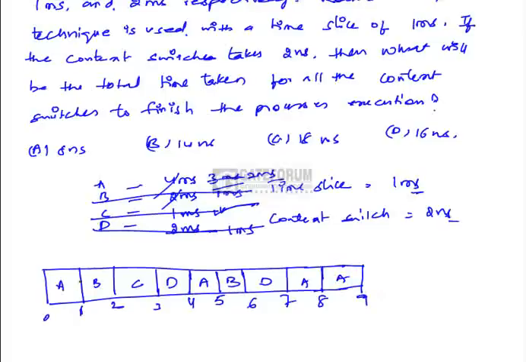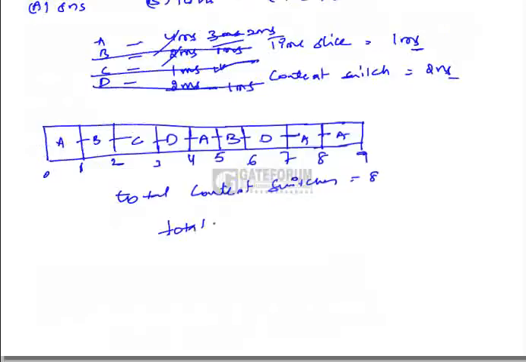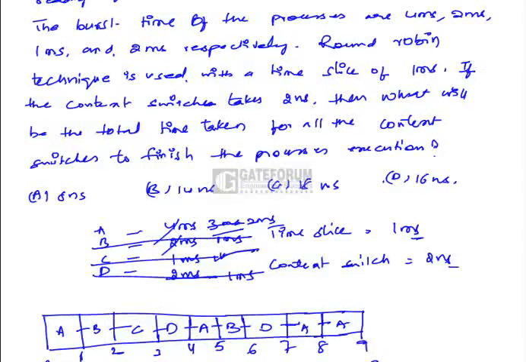Total here we have 1, 2, 3, 4, 5, 6, 7 and 8 context switches. So total context switches are 8, and time taken for one context switch is given as 2 nanoseconds. So total time for context switches is equal to 8 into 2, which is 16 nanoseconds. So here correct option is option D.